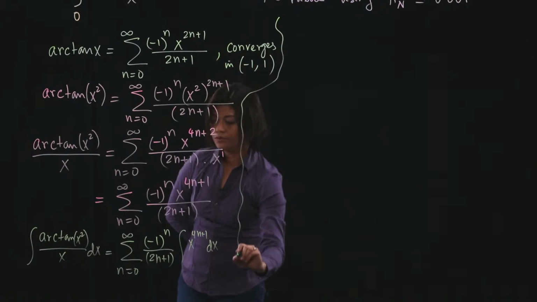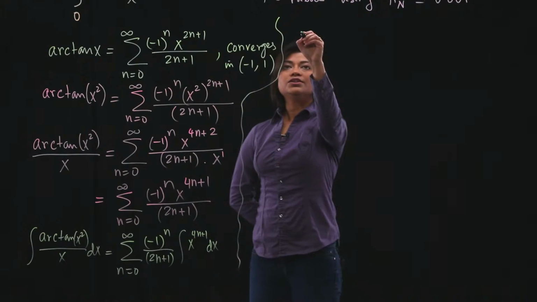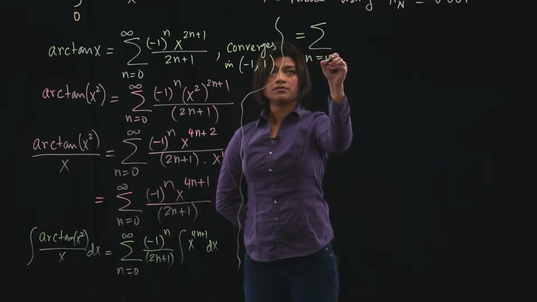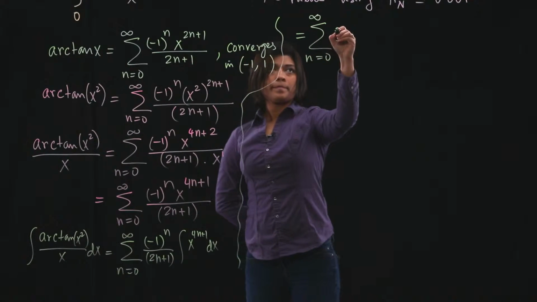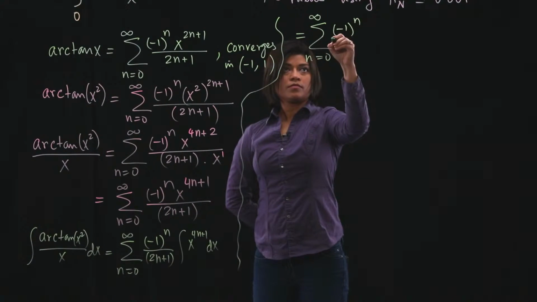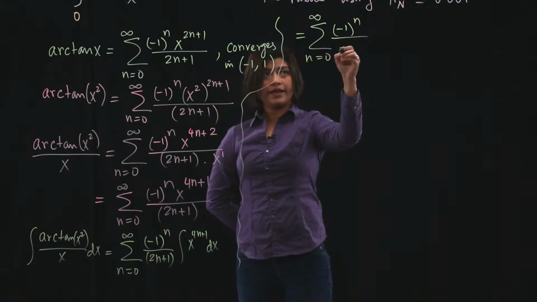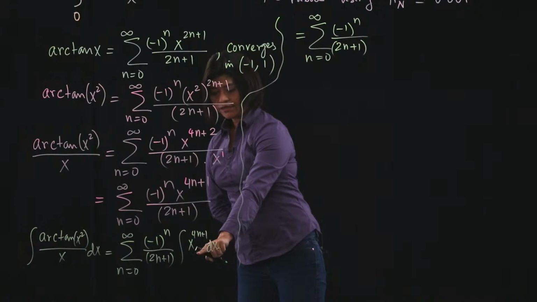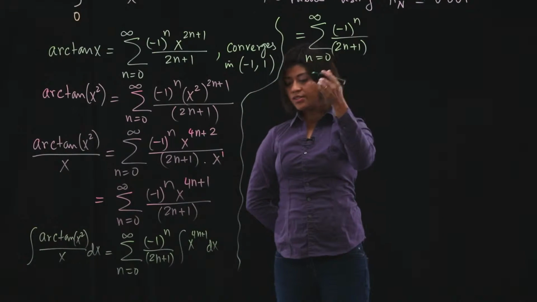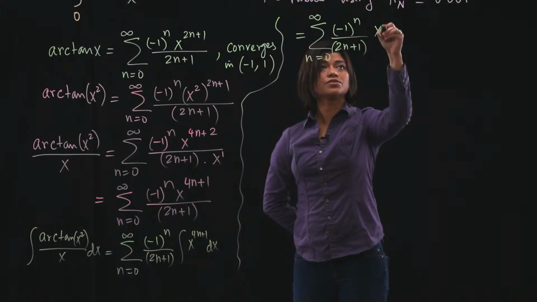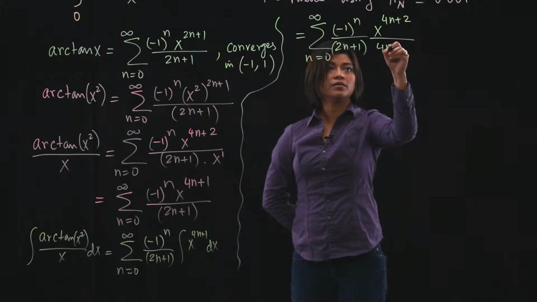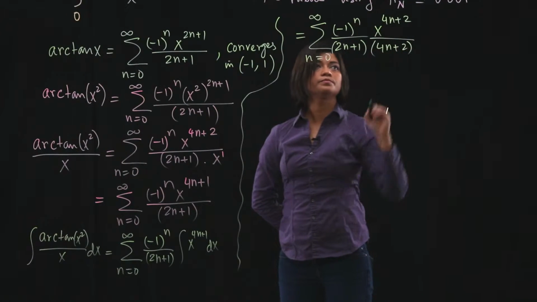Okay, so let's continue. The integral will give you this new series, -1 to the power n divided by 2n plus 1, and then you're integrating x to the 4n plus 1, just use the power rule, so x to the power 4n plus 2 divided by 4n plus 2.